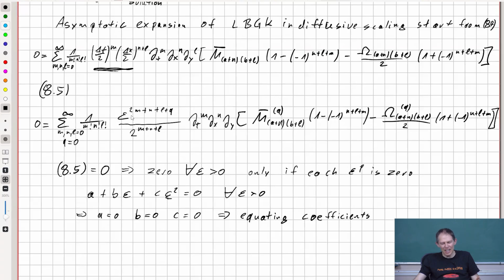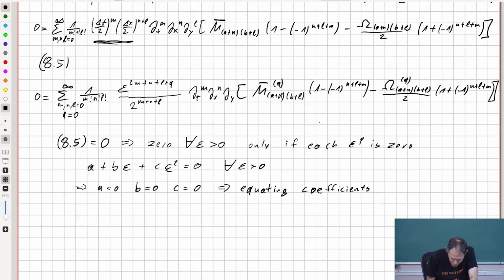So I could say that whenever all the terms, when 2m plus n plus l plus q have the same value, then the thing is 0. So I can rewrite my sum in the following way, that 0 is equal to the sum over m, n, l equal to 0.